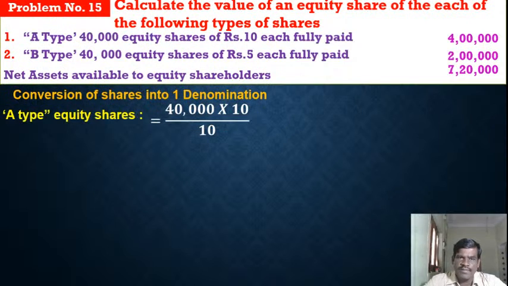Now in this problem, all shares are to be converted into rupees 10 because there are two types of face value. One is 10, another one is 5. That's why the 5 rupees can also be converted into 10. In this problem I discuss how to convert rupees 5 into 10.